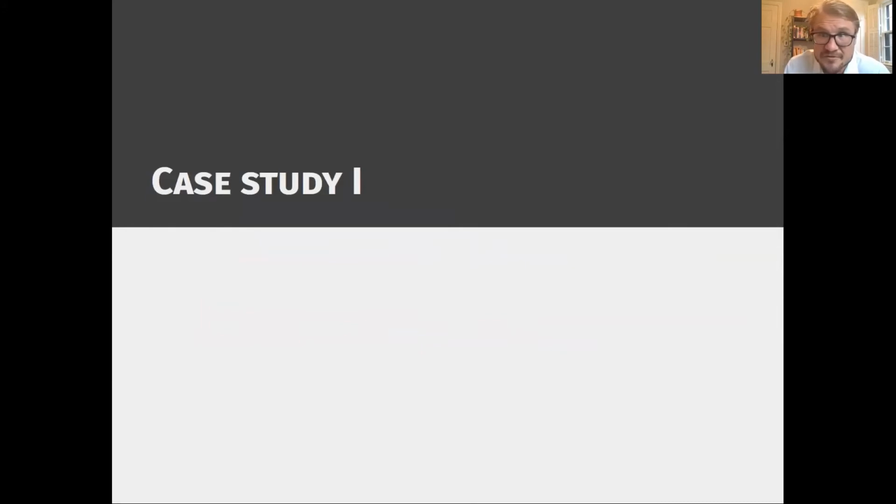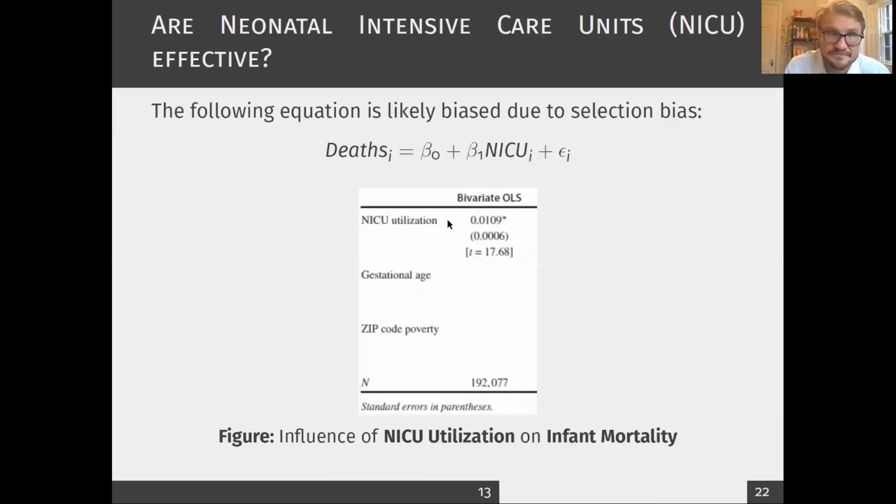Right, so let's go through a case study together. Another example we have here is the impact of new neonatal intensive care units, also called NICUs, on infant mortality. Those are the units with incubators that babies are put in when they've had premature births or there are some complications. Now you might want to estimate this equation where infant mortality is on the left-hand side, and whether the baby went to an NICU is on the right-hand side.